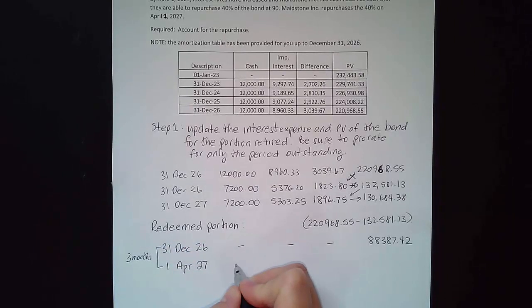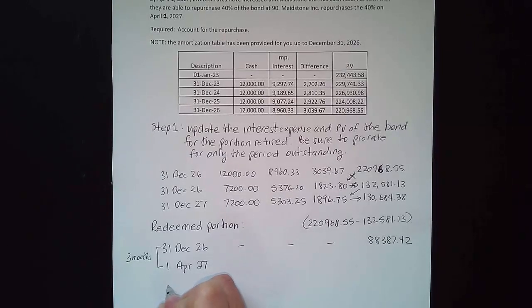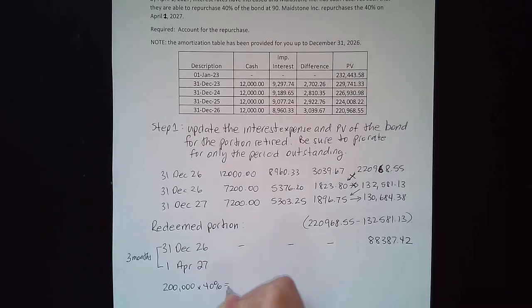So I've got to recognize the cash portion only for that 3-month period. So how am I going to calculate that? I'm going to take the 40% of the face value. 200,000 multiplied by 40% is equal to 80,000. That's the portion of the face value that I'm going to redeem.